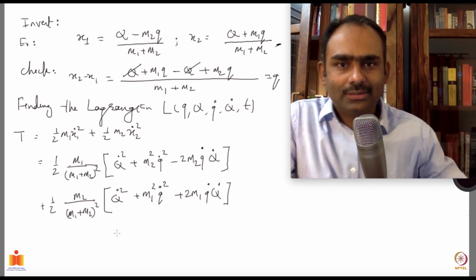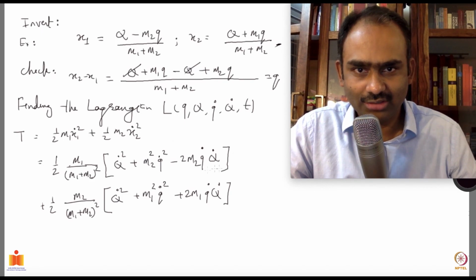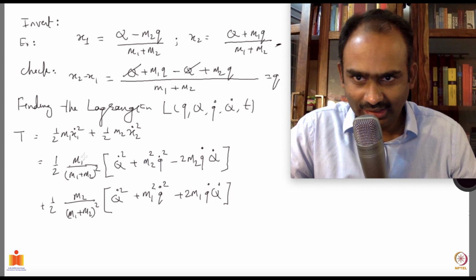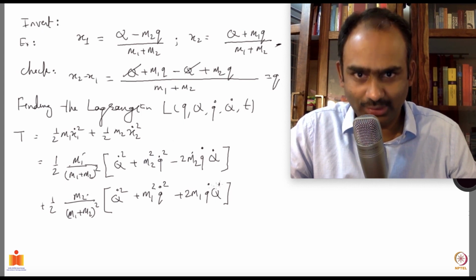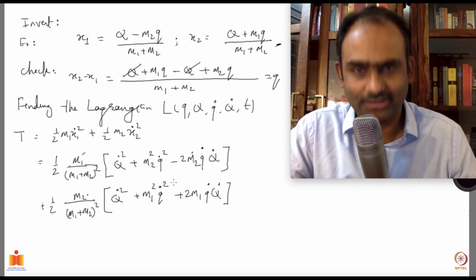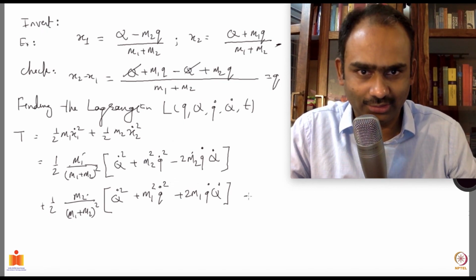Let's see what we get when we add the two. You see that these cross terms, off diagonal terms, have the same factor of m1 m2, and they are opposite in sign, so these two cancel. Okay, so they go away, and what you're left with is the following.